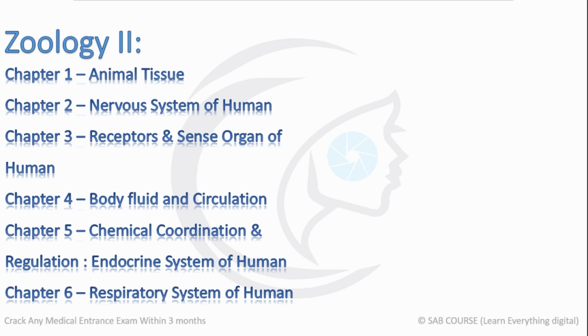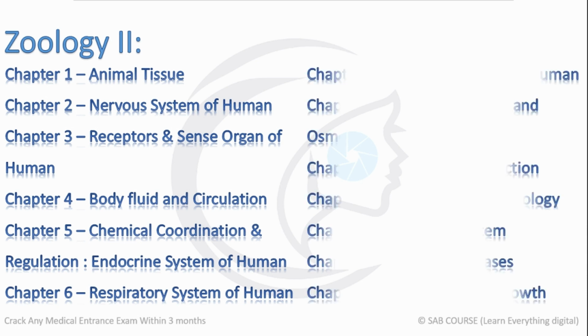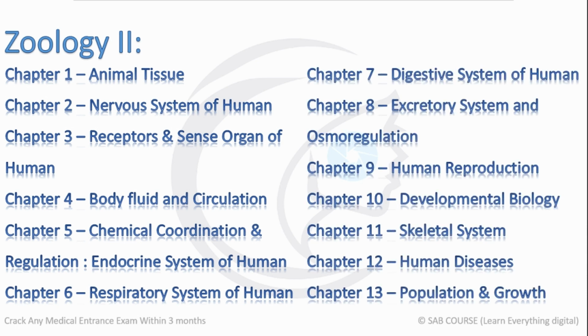And in zoology second, there are 13 chapters. Chapter first is about animal tissue, then we will learn various systems of the human, like the nervous system, receptors and sensory organs of the human, cardiovascular system, endocrine system, then respiratory system, digestive system, excretory system and osmoregulation, human reproduction and developmental biology.